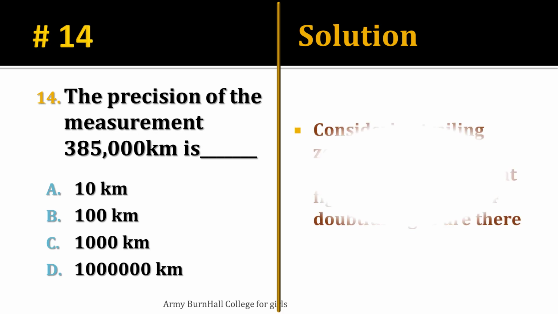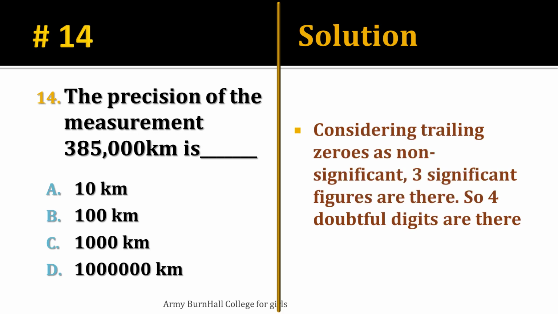Over here, considering trailing zeros as non-significant, 3 significant figures are there, so 4 doubtful digits are there. So we can say that these 3 zeros are considered as totally non-significant. So 385 is significant, 3, 8 and 5 are significant, and these are completely known values, and we will only consider 1 doubtful digit over here. 3 accurately known plus 1 doubtful digit.